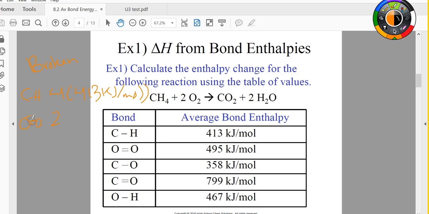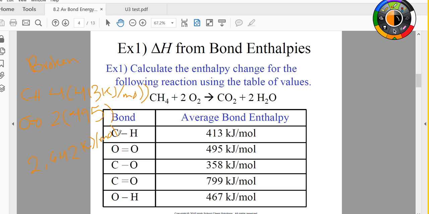I just kind of draw what bond I'm doing. 2 times 495, and it's kilojoules per mole. I'm just running out of room. So I'm going to multiply those and add them up. Okay, so go ahead: 2 times 495 plus, parentheses, 4 times 413. So for this side, I get 2,642 kilojoules per mole.